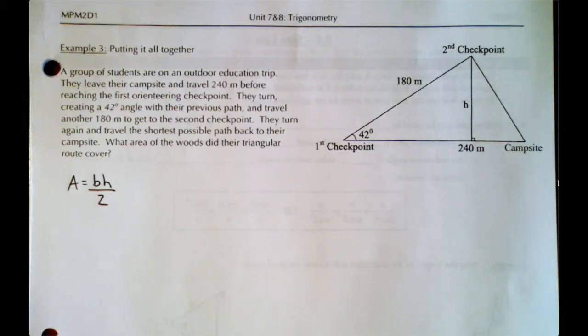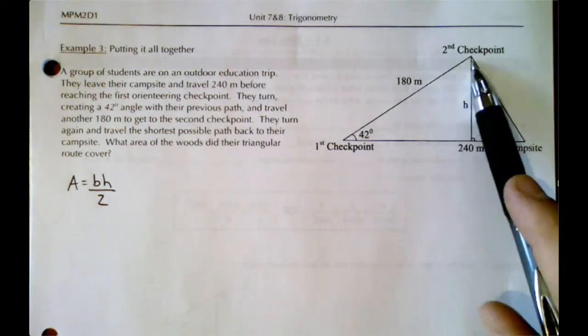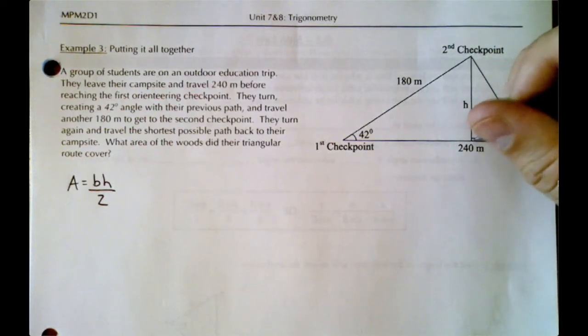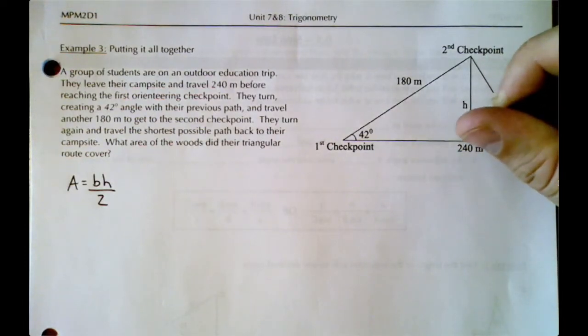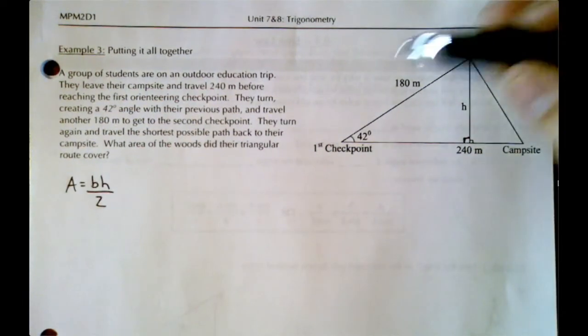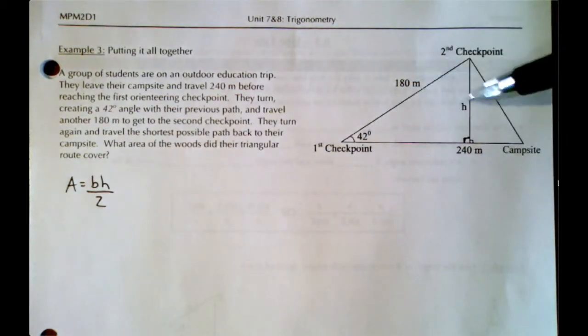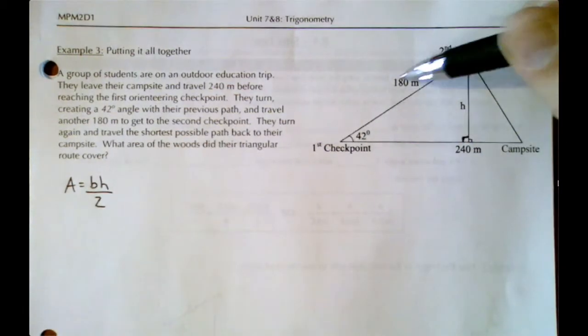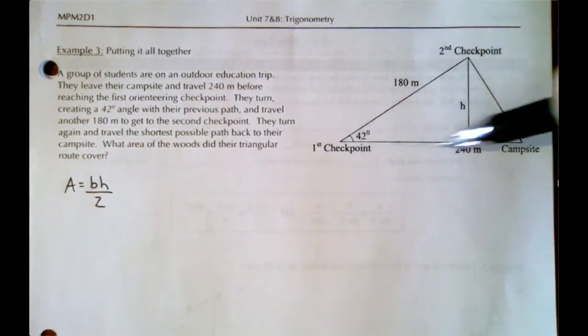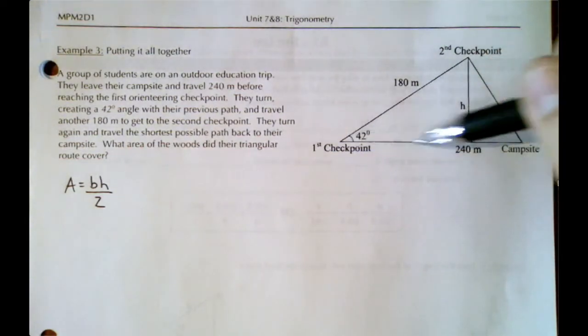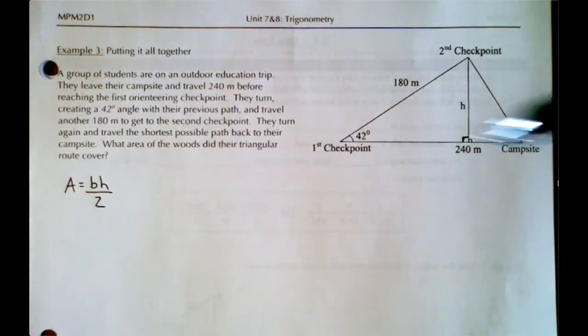Well, let's look at our triangles. We've got a triangle on the left here that, since this is a 90-degree angle, so is this. We have a right angle triangle, and in this right angle triangle we have an angle. We need to find a side, and we have another side. Perfect. We don't know this side, because the entire length is 240 and we don't know which part that side is.